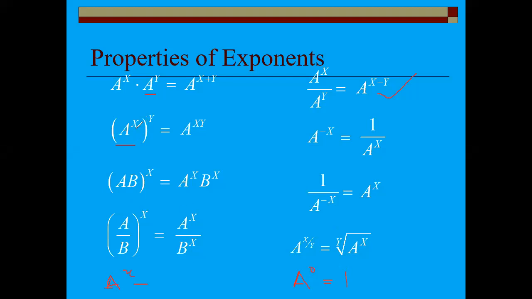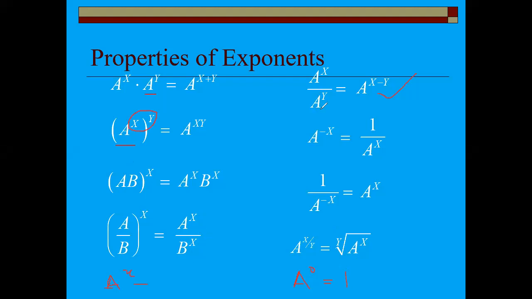Power rule means when you have a raised to power x raised to power y, you multiply the indices. When you have ab raised to power x, when you expand, x will affect the a and then affect the b. The same way if you have a over b raised to power x, it will be a raised to power x over b raised to power x.